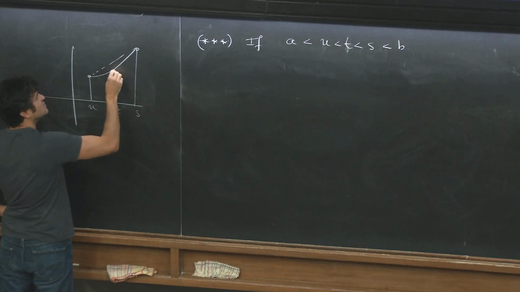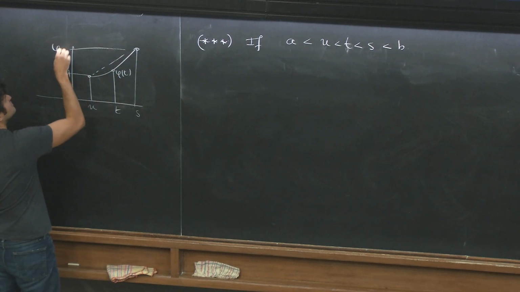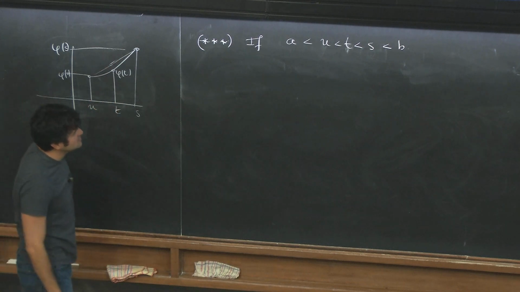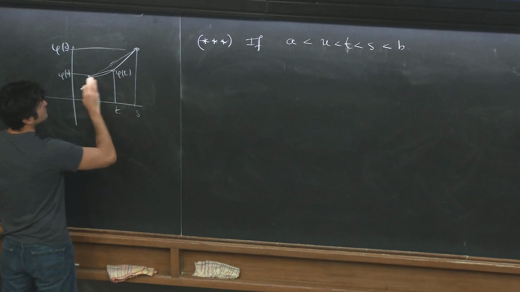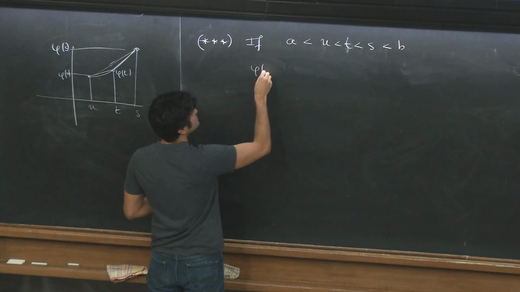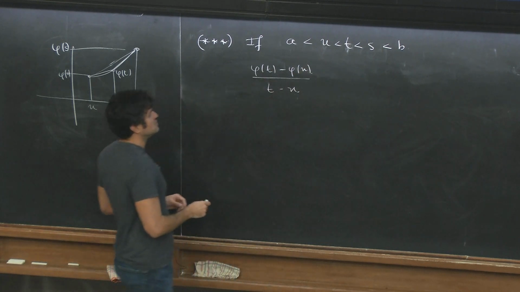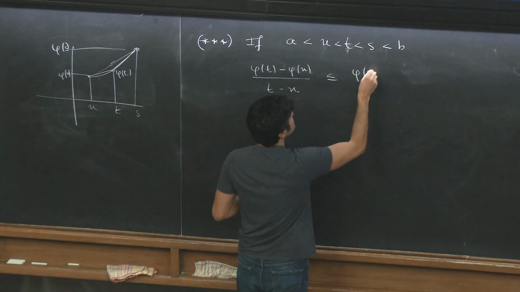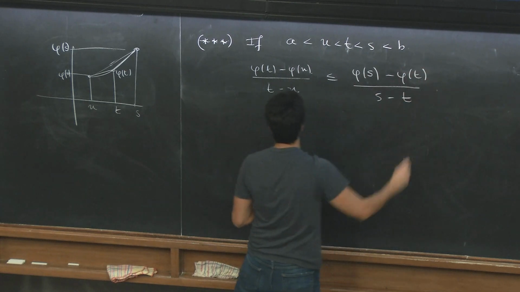So the point (t, phi of t) will be below the line connecting these two points. Another way of saying this is that this slope here is less than or equal to this other slope. In other words, phi of t minus phi of u over t minus u, this first slope, should be less than or equal to this second slope, phi of s minus phi of t over s minus t.